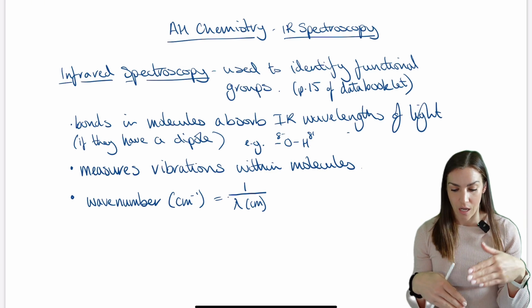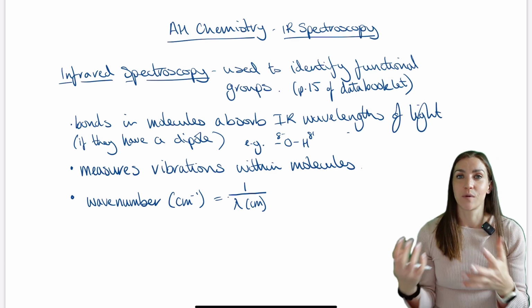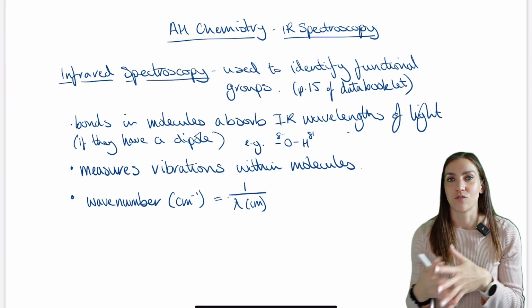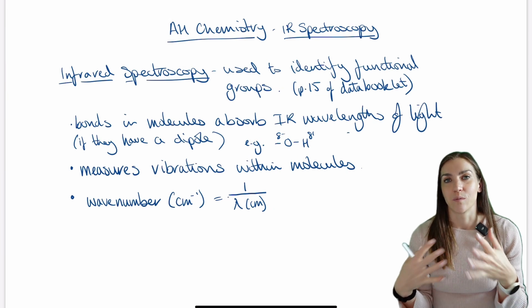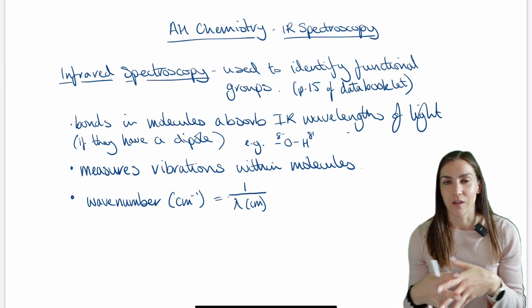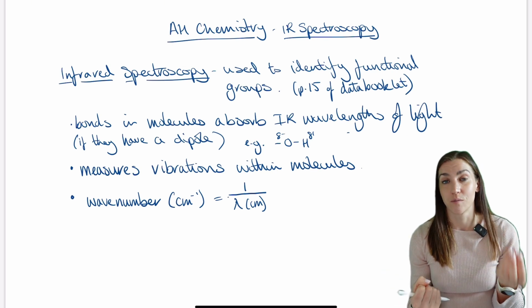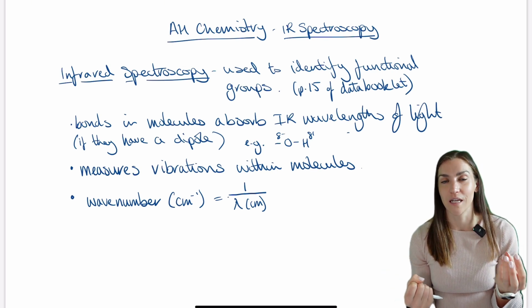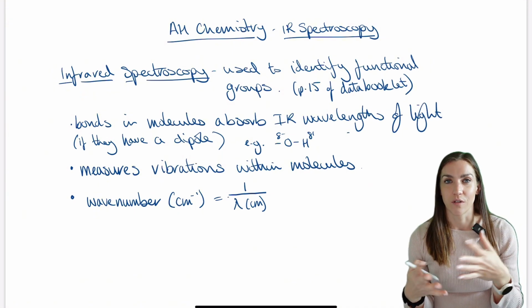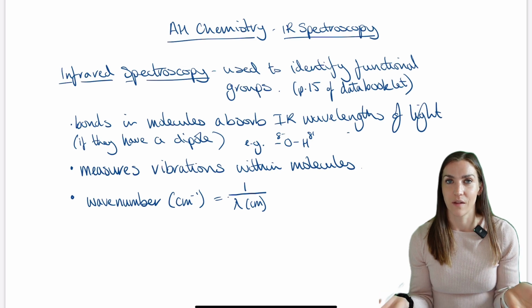If you've got an oxygen bonded to a hydrogen, for example, in a hydroxyl group, there is an uneven distribution of electrons there, and that will interfere with infrared light. So all these types of bonds that have dipoles in them will absorb infrared light, and they'll absorb different wavelengths of that infrared light depending on the chemical environment that they have.